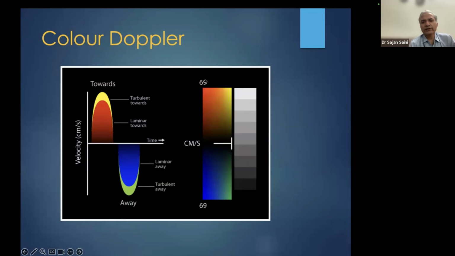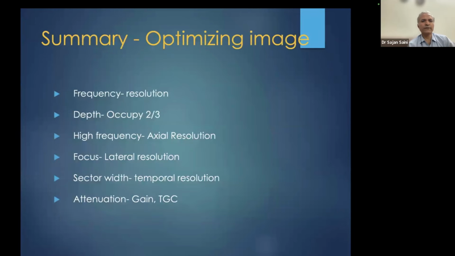There is a scale. You can increase or decrease the scale depending upon the flow velocity. If you are dealing with venous blood, you want a very low scale, so you decrease the scale to 30 to 40. If your velocity is very high, you increase the scale to 60, 70, and even beyond if the frequencies are very high.